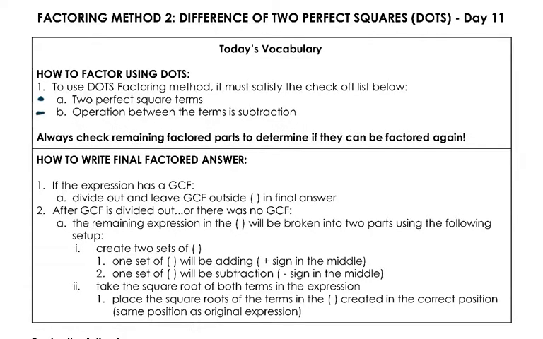Those are the requirements in order to use the factoring method, difference of two perfect squares. The word difference already indicates subtraction, so there's a hint right there in the word.